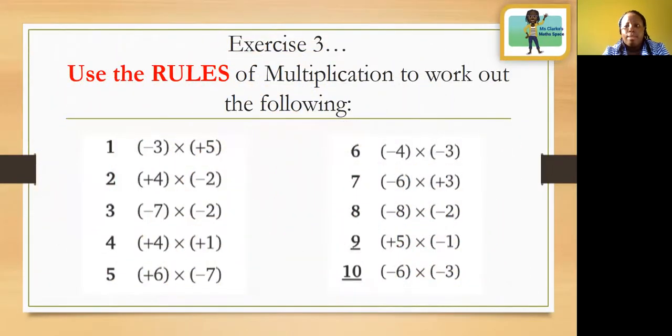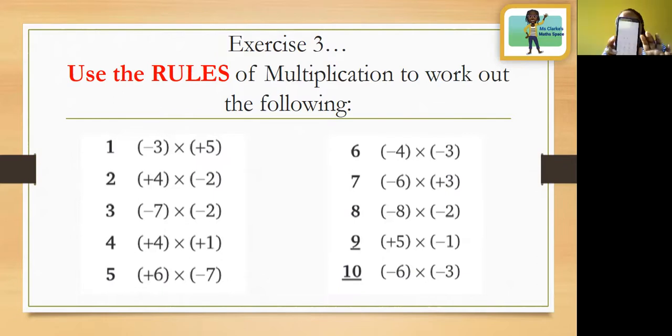Now, let's use our calculator. So you want to take out your calculator again. If you don't have a calculator, like how I don't have my calculator at this point, we're going to use our phone. And I will do number 1 with you all. So we have negative 3 multiplied by positive 5.